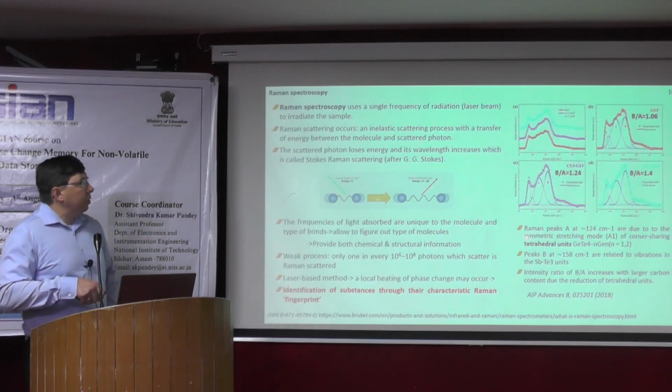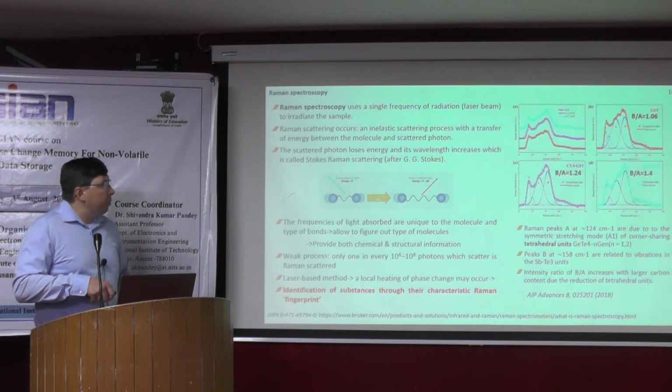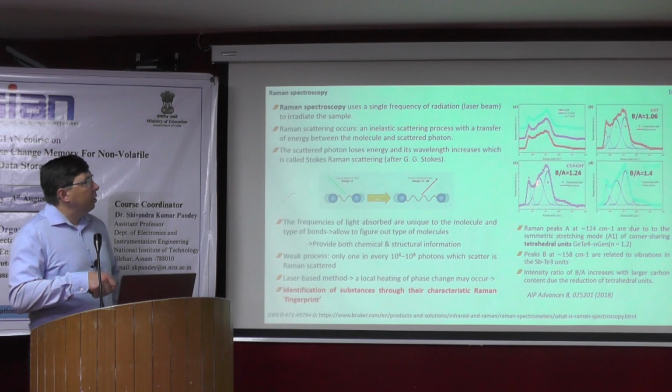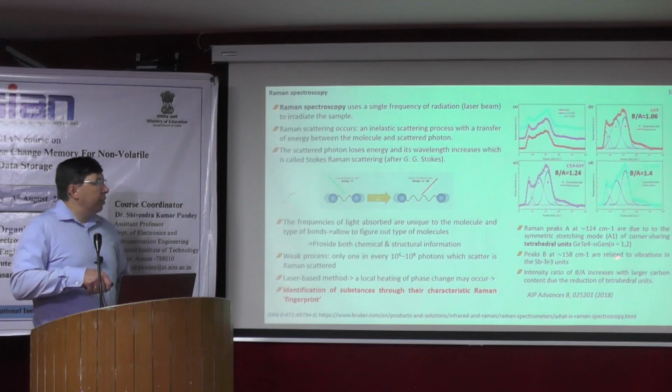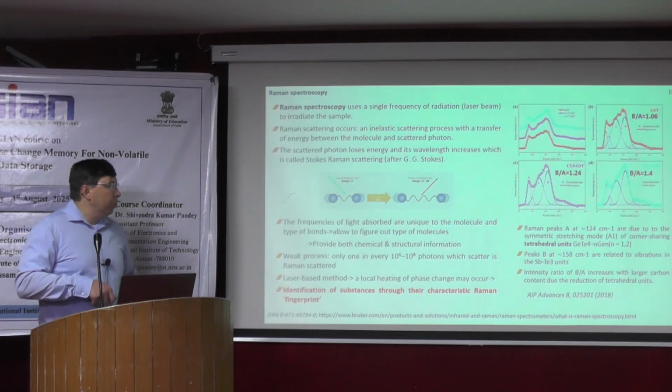So here, for example, Raman peak A at 1 to 4 centimeter. It's due to the symmetric stretching of corner-sharing tetrahedral units. Peak B is situated at this value and related to vibrations in the antimony units.